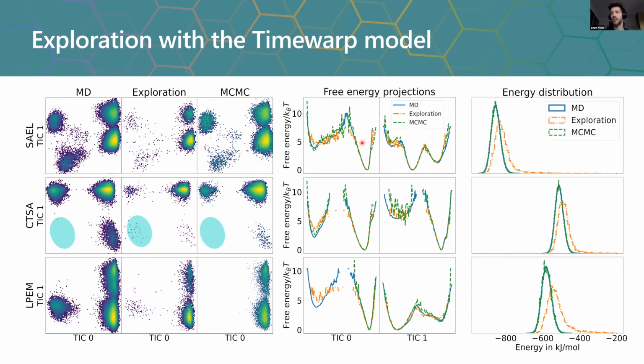So here we see again that if we correct the Timewarp model with Metropolis-Hastings, we get the correct energies. And with exploration, the energies are a little too high. Both can be explained by the conditional distribution from earlier, which had energies slightly too high, but showed good transition rates between these metastable states.